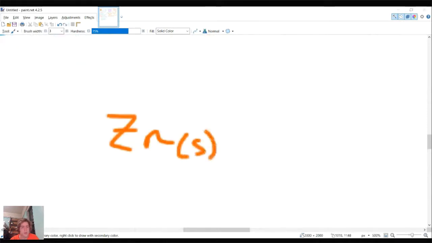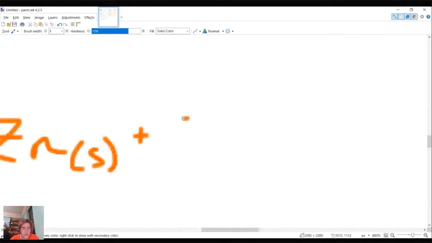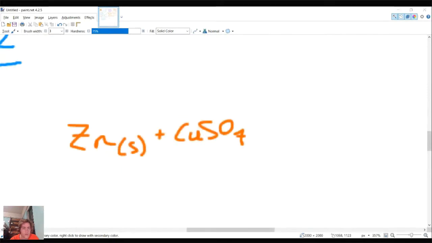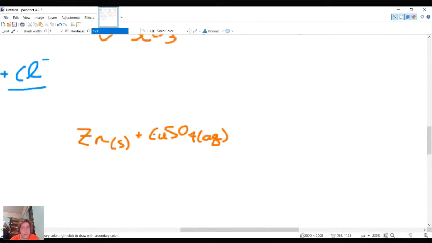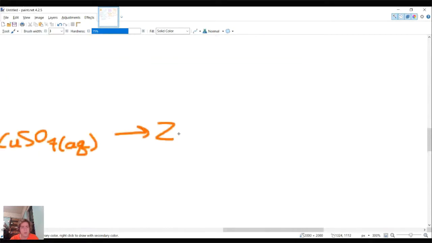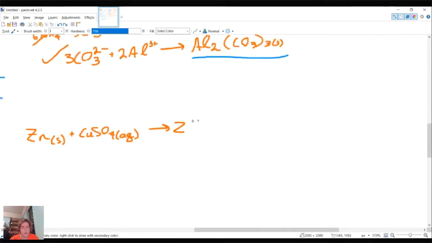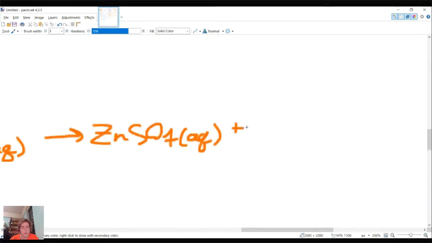Solid zinc plus CuSO4, and this is aqueous, forming ZnSO4, this is aqueous, plus solid copper.